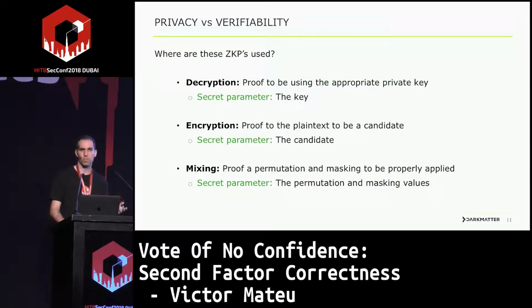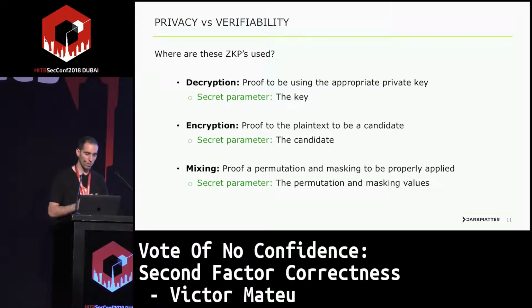So why do we use these zero-knowledge proofs in electronic voting? Mainly, during the decryption, you need to prove that the results of the election come from decrypting with the proper secret key. Otherwise, you can always decrypt different values if you are not using the secret key that is associated with the public key of the election. So this needs to be proved. The secret parameter in this proof is the secret key, of course.